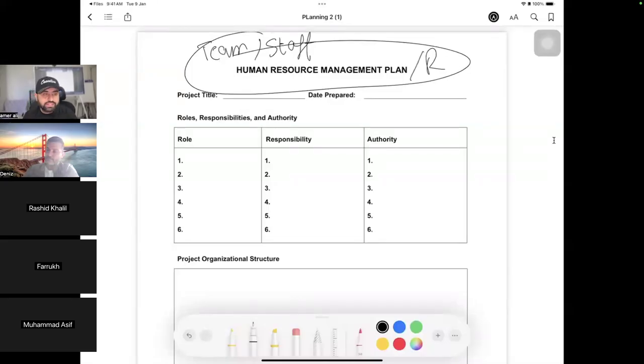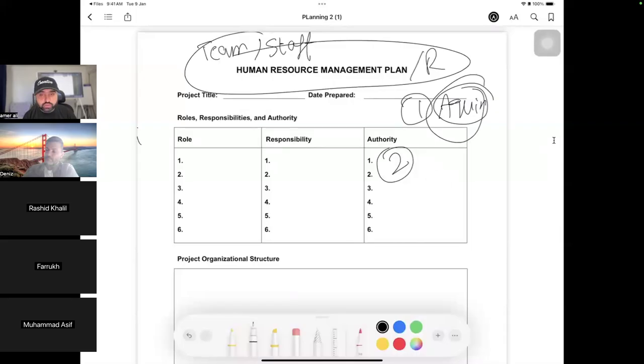The purpose of this plan is how you are going to acquire the team, acquire your resources: which resources you need, what type of skills you need, virtual resources, physical resources. How you are going to acquire them.